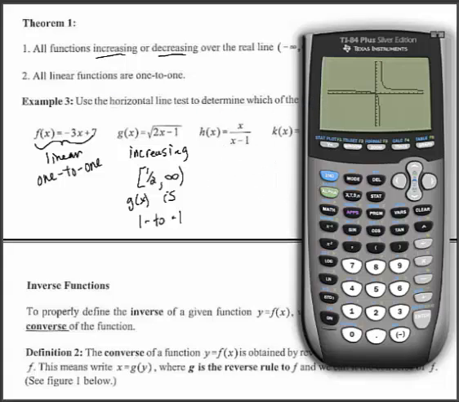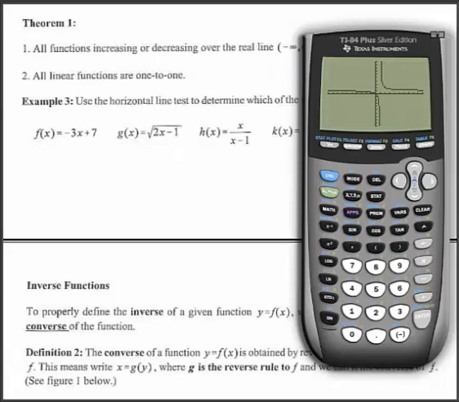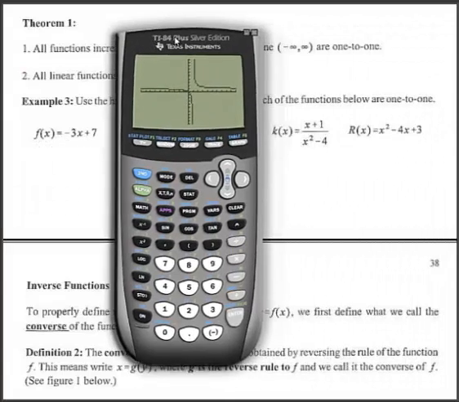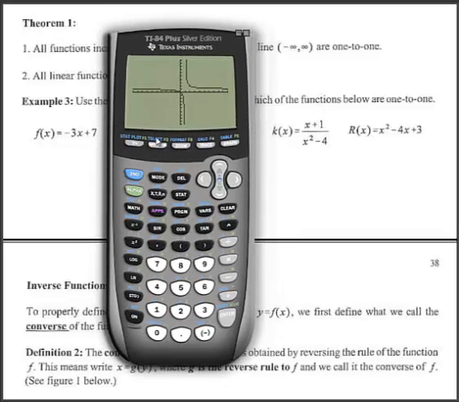So I'm going to clear my screen and move my calculator over so I can graph these other two. What about k of x? Again I have a rational function.